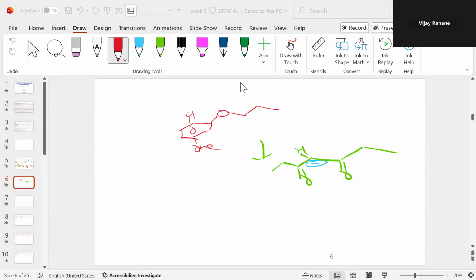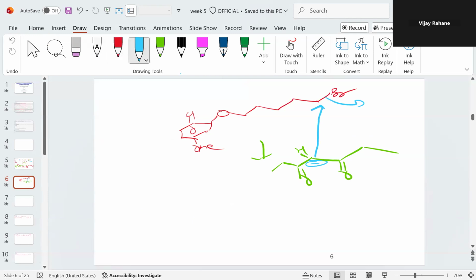Just a second. Okay, so this negative charge attacks on this carbon, and this bromo or the iodo gets eliminated, right?